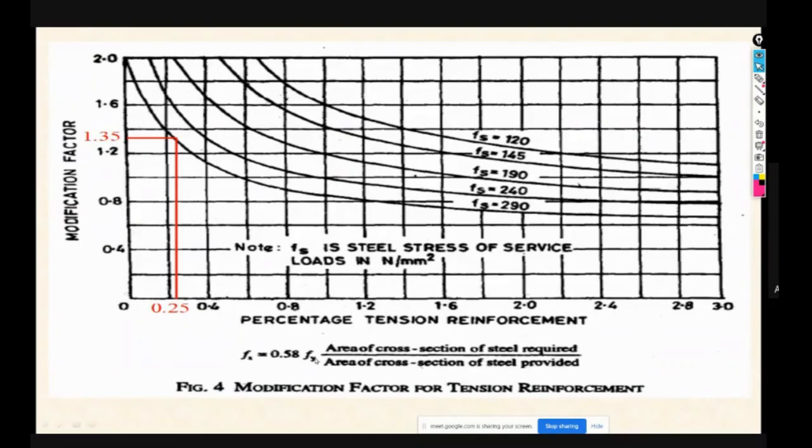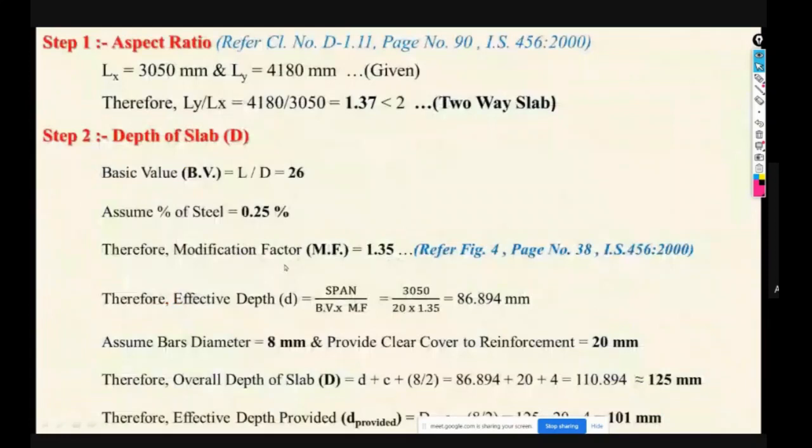Fy is 500 because we have considered 500 grade of steel. So 0.58 into 500, so it's 290. Okay, so as per this percentage of tension reinforcement 0.25, and this Fs equals 290 line, our modification factor is 1.35. So by using this graph we have calculated the modification factor 1.35, and that we have considered over here.